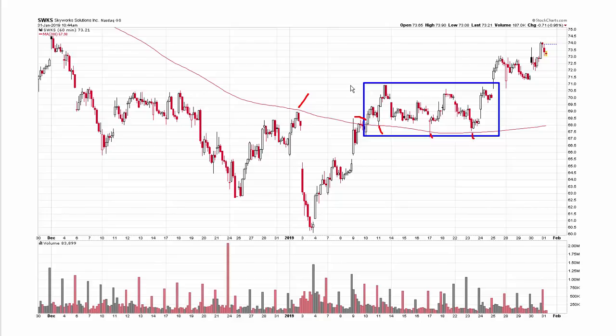If you're looking for a breakout, the breakout was going to be over here at 71. By zooming in with an intraday chart, I see the ups and downs. I see a moving average that proves to be support. That gives me a place to put a stop. So I can enter within the pattern, because then if the breakout at 71 proves to be false, if we get something like this, then because I got in somewhere over here, I have a little bit of a cushion to work with.